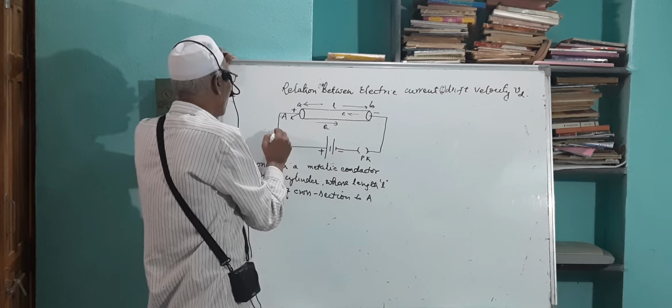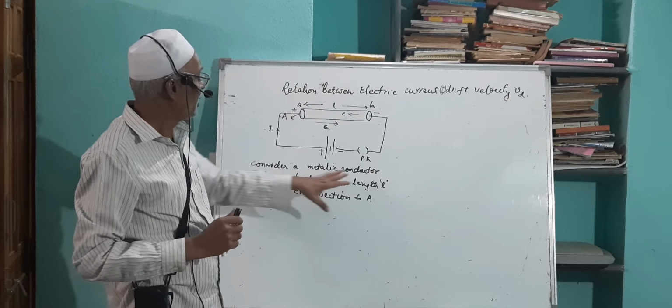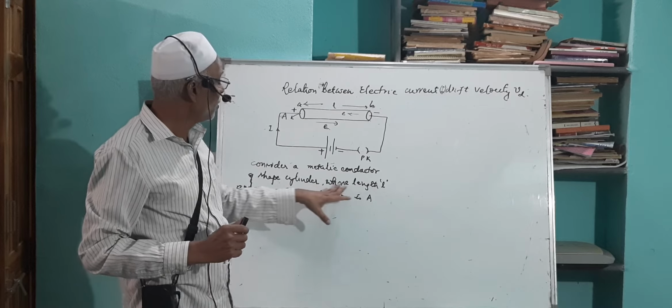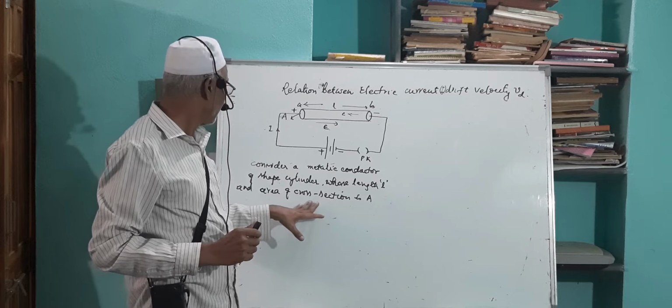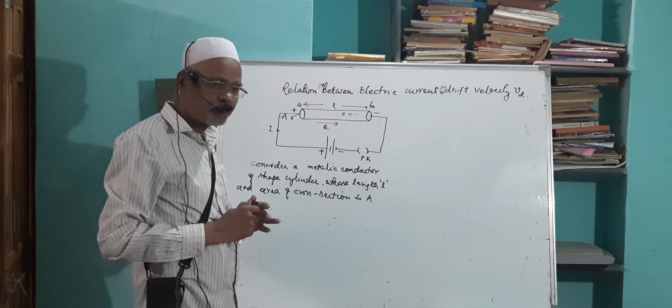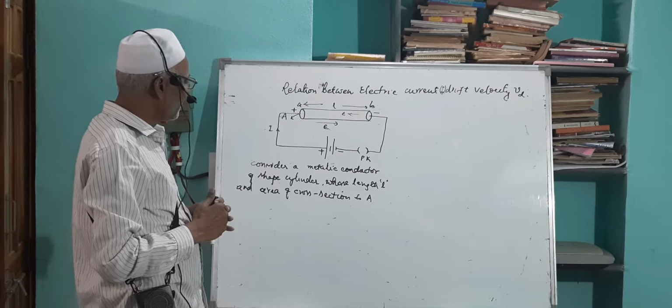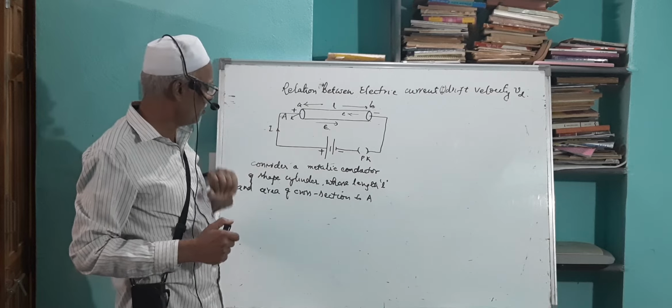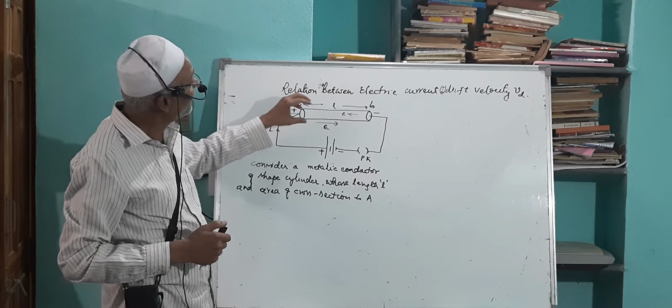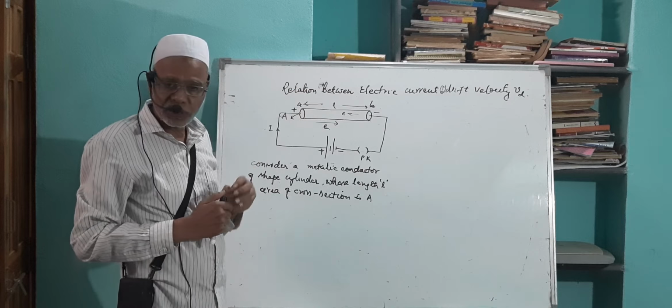As I said, we consider a metallic conductor of shape cylinder whose length is L and cross-sectional area is A. Now, in order to drag the electrons in a specific direction, you have to apply a certain PD by connecting a battery to this circuit. Before that, you have to find out the volume of this conductor.